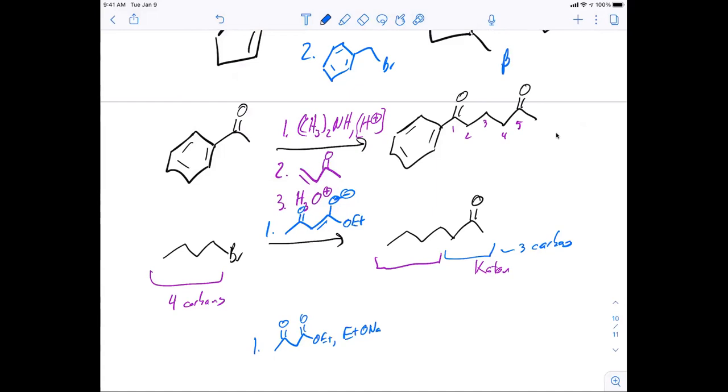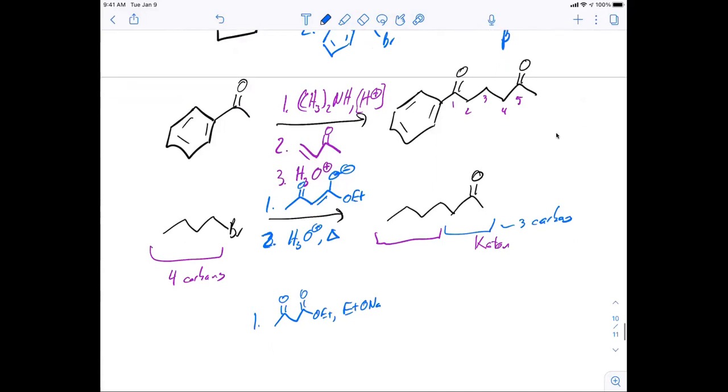That's going to do the addition, right? And then I just need to hydrolyze. Second step, I need to hydrolyze and decarboxylate. So the acid and water is going to hydrolyze the ester, and then the heat will decarboxylate. So this is an acetoacetic ester synthesis, just starting with the electrophile instead of the acetoacetic ester. Questions about this one?